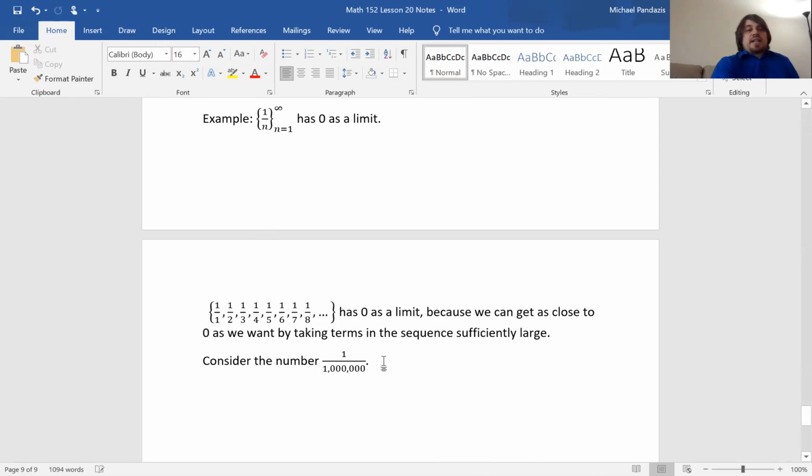The idea of saying that the limit of the sequence is 0 is that if I can take any number I want, the terms of the sequence will be at most that far away from the limit as long as I take a term far enough out into the sequence. So for instance, consider the number 1/1,000,000.